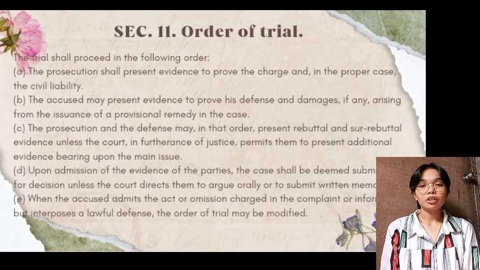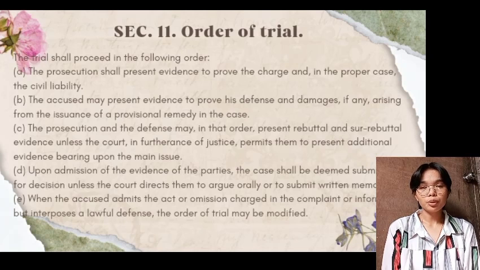However, the court reserves the option to request further clarification or arguments from the parties, either through oral presentations or written memoranda, before rendering a final decision. This provision ensures that all relevant information is truly considered before reaching a verdict, contributing to the fairness and completeness of the judicial process.